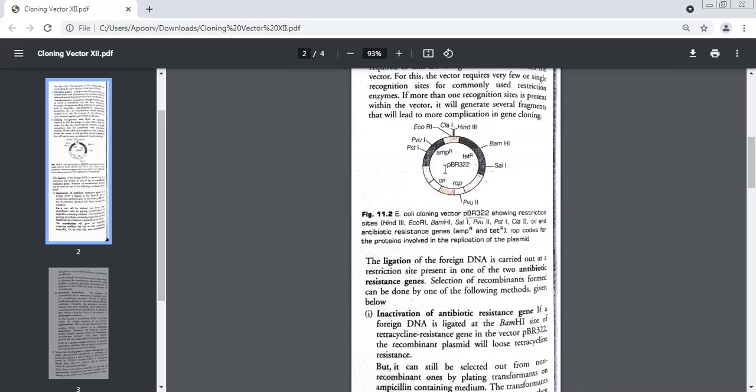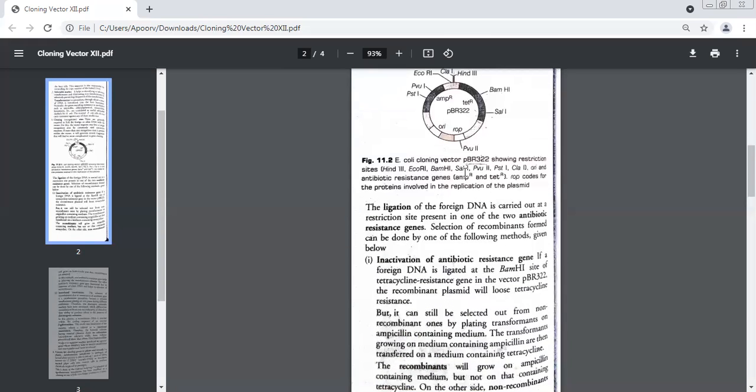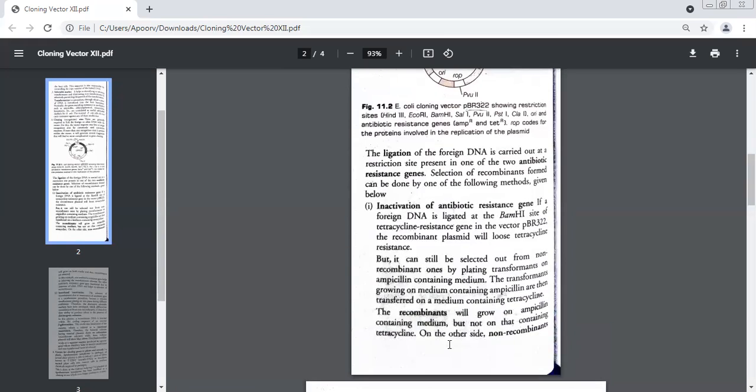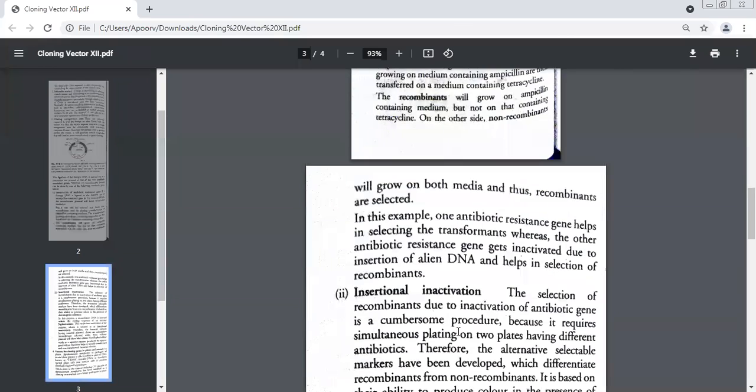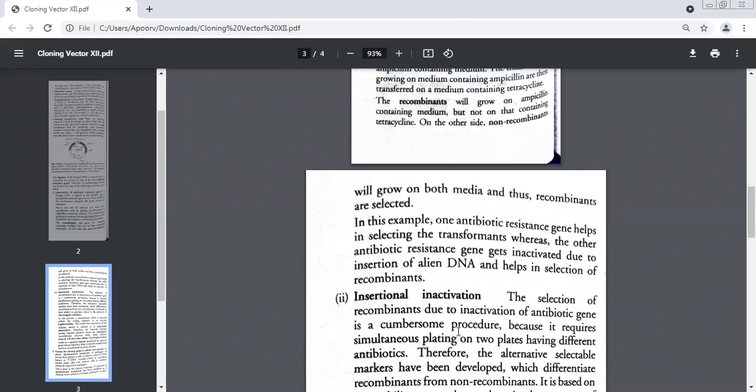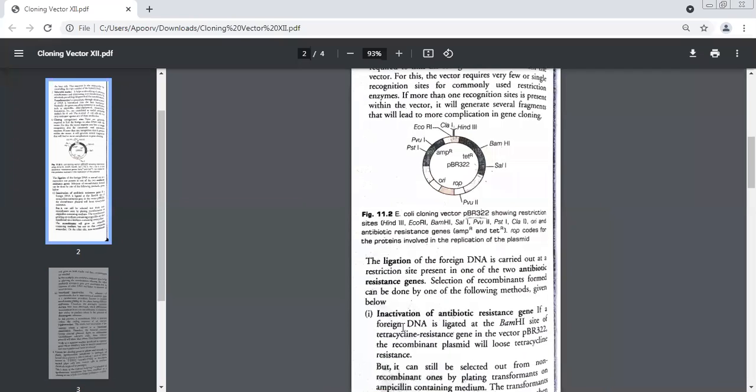So we could identify the transformants. First, we'll grow them in ampicillin. After they have grown in ampicillin, we'll shift them to a medium which contains tetracycline. So those which cannot grow in tetracycline and those which can grow in tetracycline, this will help us to differentiate between recombinants and non-recombinants. So the first step we did was inactivation of the antibiotic resistant gene. This gene was inactivated by ligating what, children? What did we add at this site?